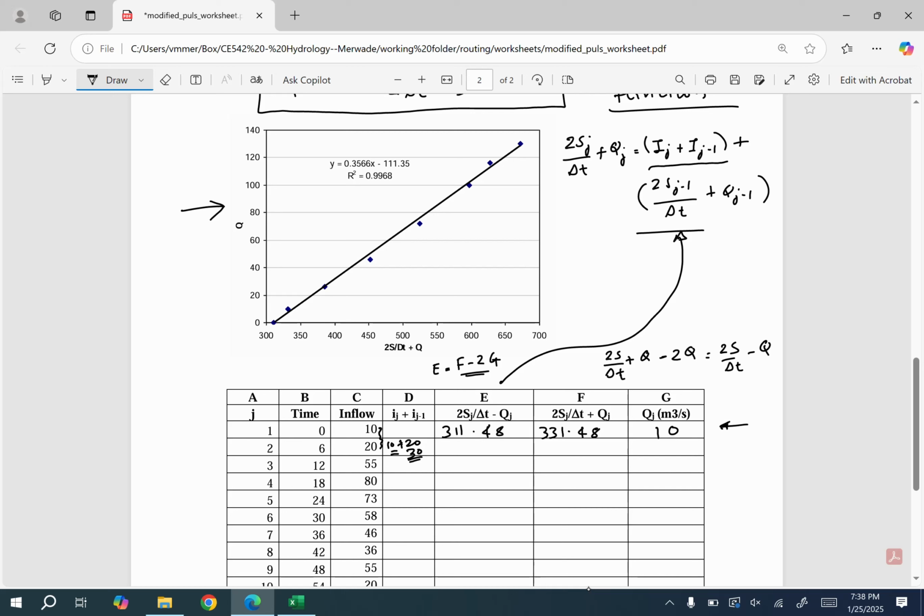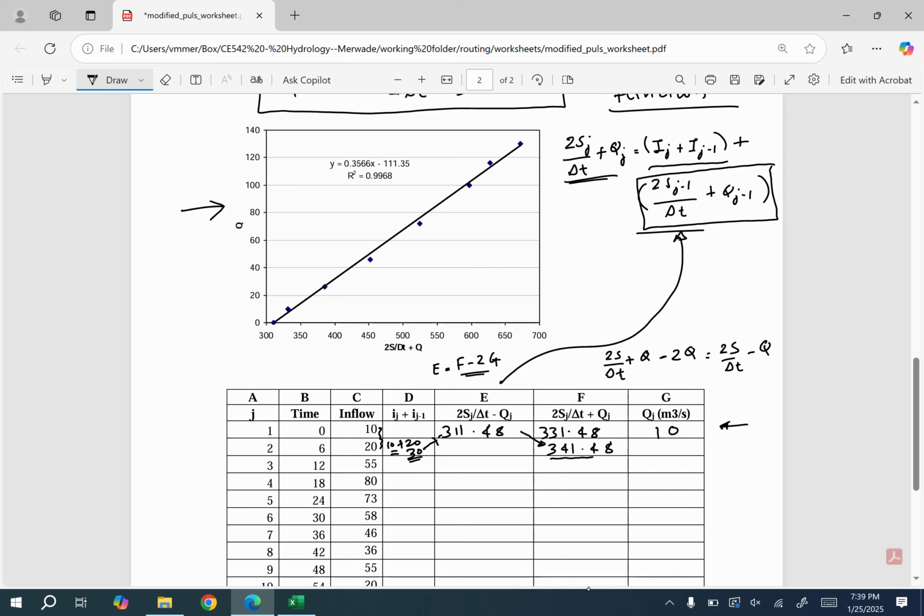Now 2Sj minus 1 over delta t plus Qj minus 1, so this is basically 2S over delta t plus Q from the previous time step. What I'm going to do is add 30 plus 2S over delta t minus Q from the previous time step, and then I will get the right hand side for the current time step. So 311.48 plus 30 will give me 341.48.